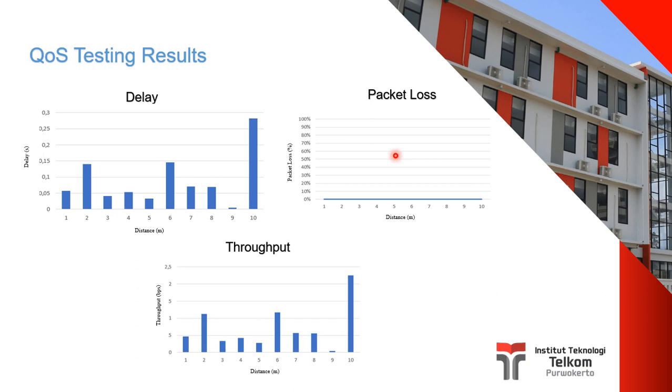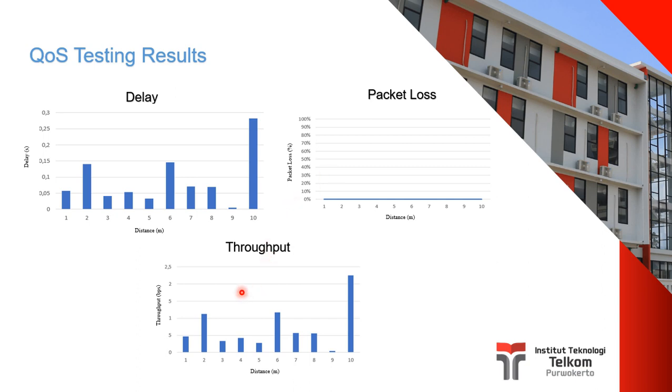And the second, packet loss information explains the number of packets that may be lost during the transmission process. And from our testing, we can see that there is nothing, or 0% packet loss, or all the information has been sent to the receiver.